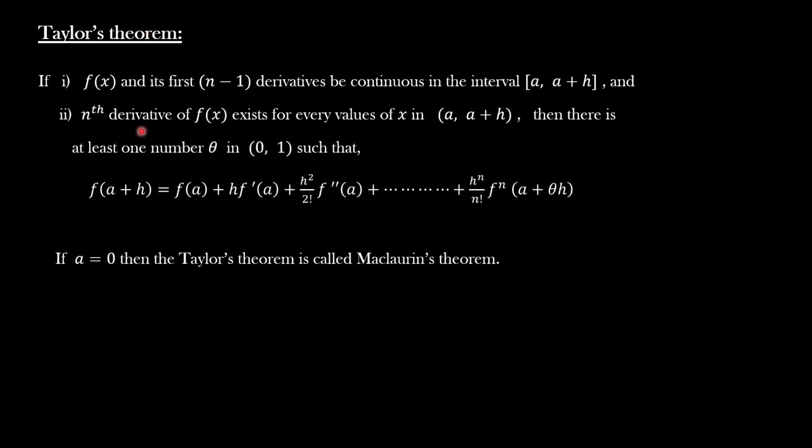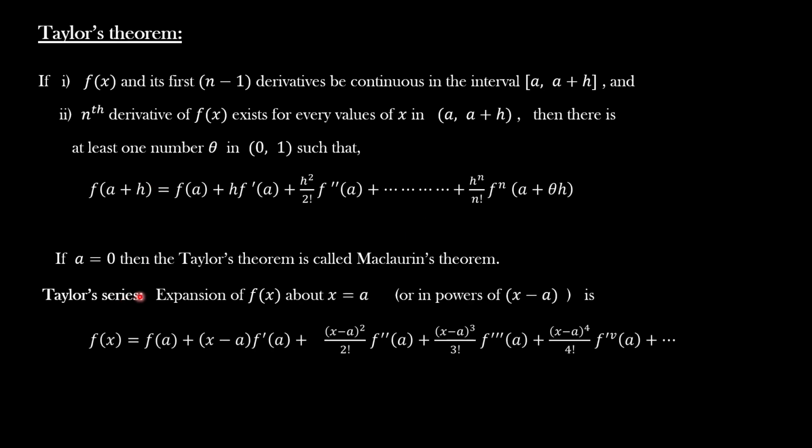Using the above theorem, the Taylor expansion of the function f of x about the point x is equal to a is given by f of x is equal to f of a plus x minus a into f dash of a plus x minus a whole square divided by 2 factorial into f double dash of a plus x minus a whole cube divided by 3 factorial into f triple dash of a plus x minus a whole to the power 4 by 4 factorial into fourth derivative of f at a, and so on.